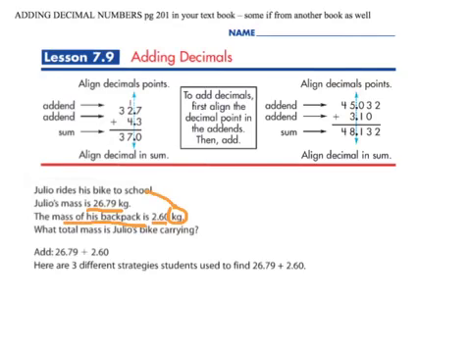So we're comparing kilograms here, which is good. We're comparing the same thing. We want to find out his total mass, so we do have to add those numbers. We're going to look at 3 different strategies for doing that.